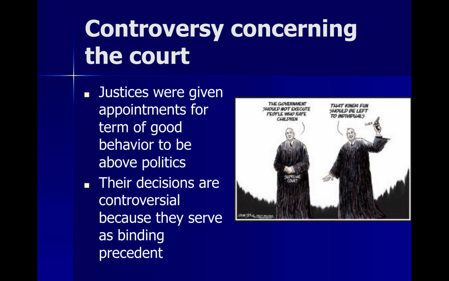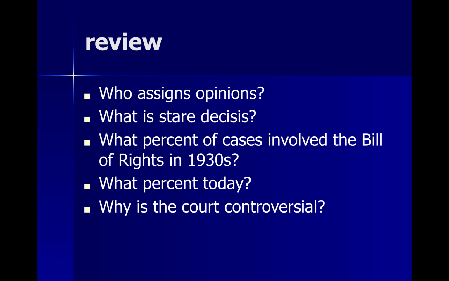But because their decisions are controversial and serve as precedent for all the other cases on these controversial topics, here's another situation in which the government doesn't quite function the way the founders thought it would.